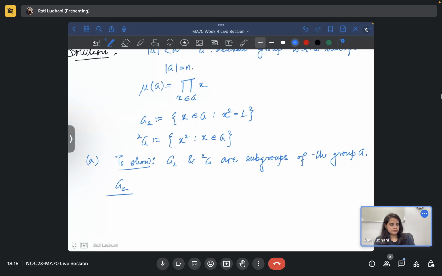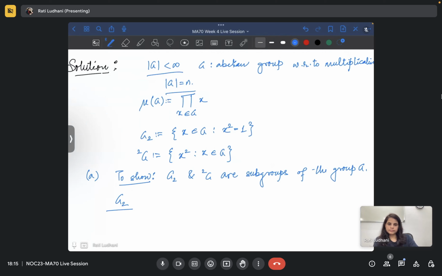Is it given to us that G is finite? Yeah. Then we can just show that for every x and y, xy is in the group. Exactly. Since G is finite, the inverse is also an element, so we can write it in that way.